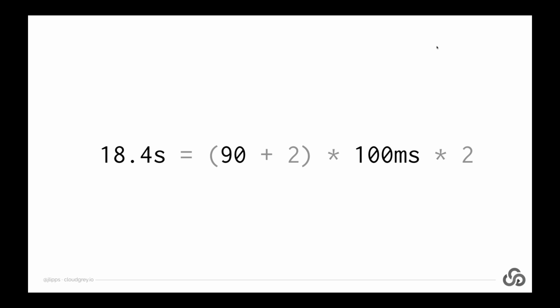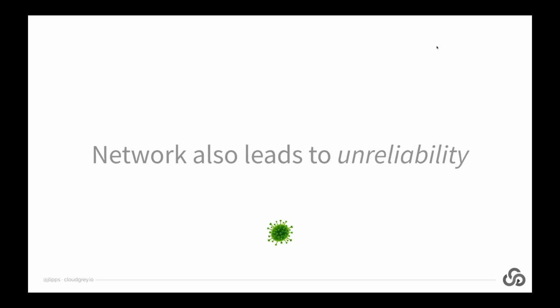But other than just adding time to your build, network latency can also lead to unreliability. Imagine if you have a test where there's a bunch of interaction happening within your application, and that interaction is fairly fast and fairly time dependent. So this is especially true in apps like games, where speediness is very important.